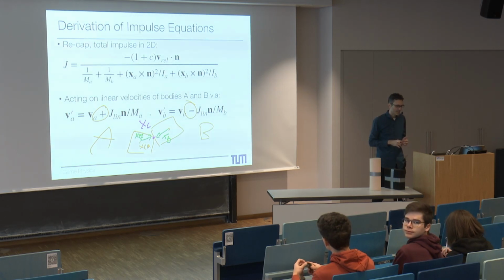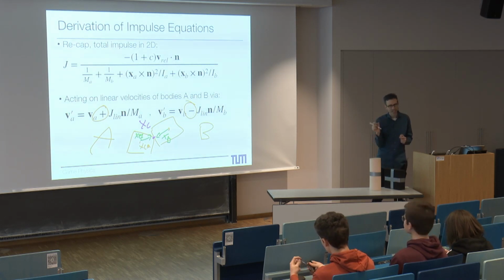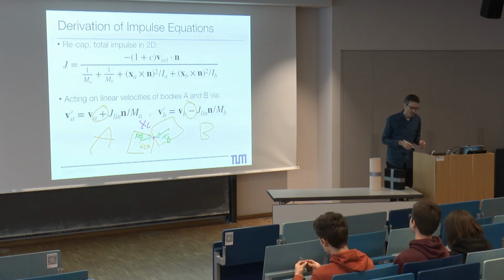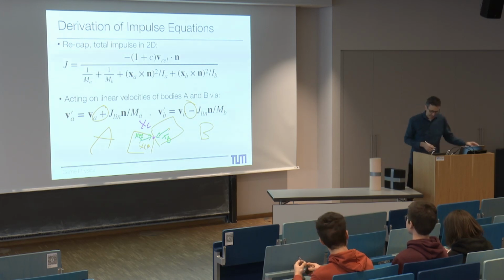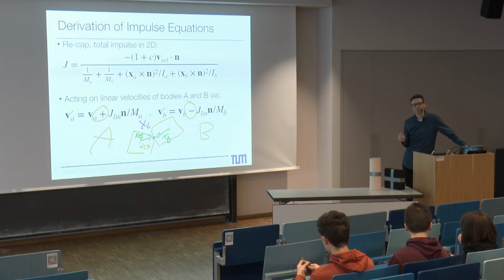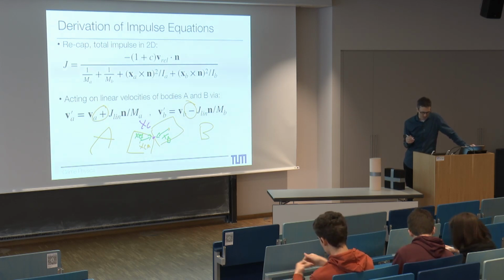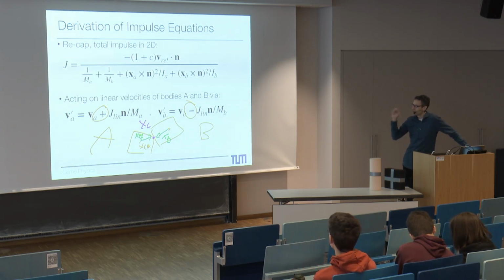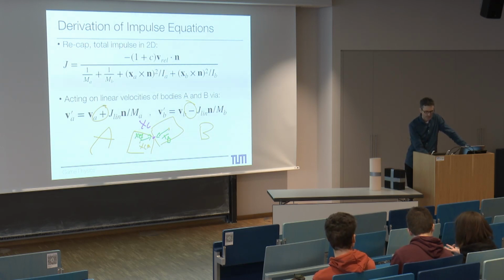So you can basically think about this collision happening at this location, changing how the whole body moves and also how the center of mass of these bodies moves. I think it doesn't hurt to go into some of the details here once in a while. And one important point I wanted to make here is this plus and minus. We basically have a sign change here.